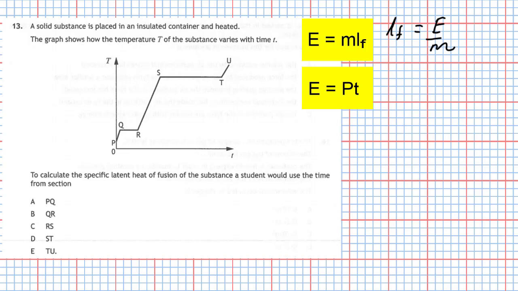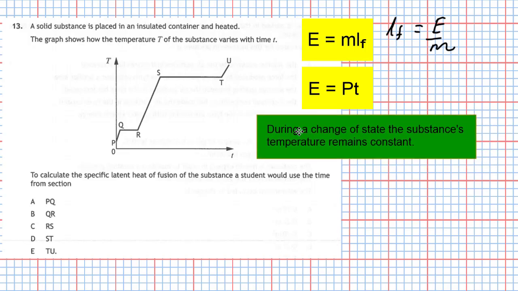Now the clue for this graph is the following. During a change of state, the substance temperature remains constant. There's no increase in temperature. If we look very closely, we know that the substance started off as a solid. So the first flat part of the graph indicates a time where the substance temperature is not increasing.